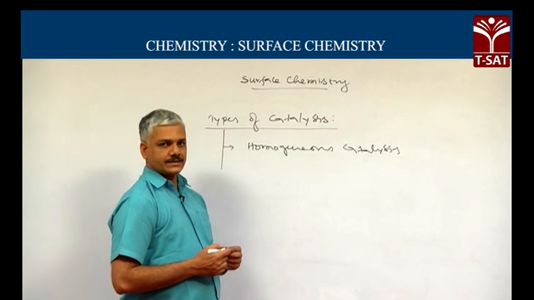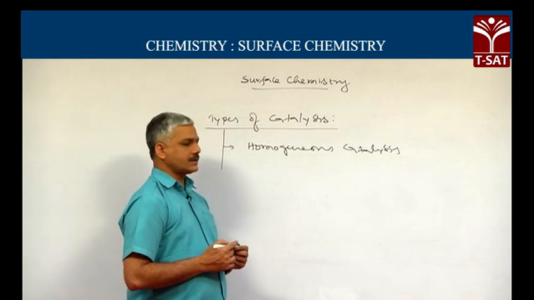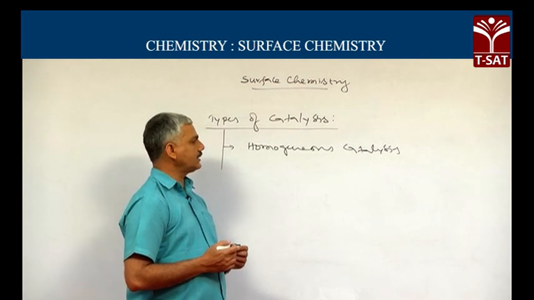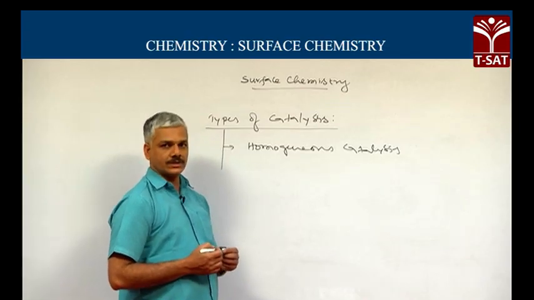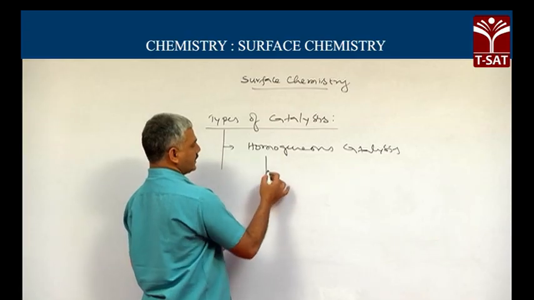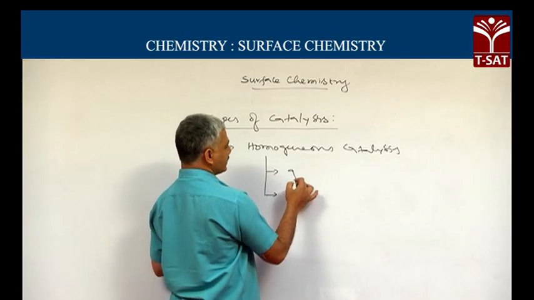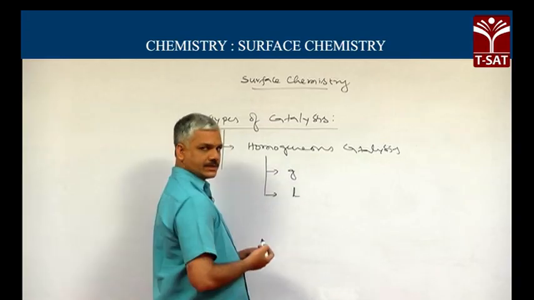Homogeneous catalysis. If the reactants and catalyst exist in the same physical state, then it is called homogeneous catalysis. Most of the time, homogeneous catalysis is observed in the gaseous state and liquid state.